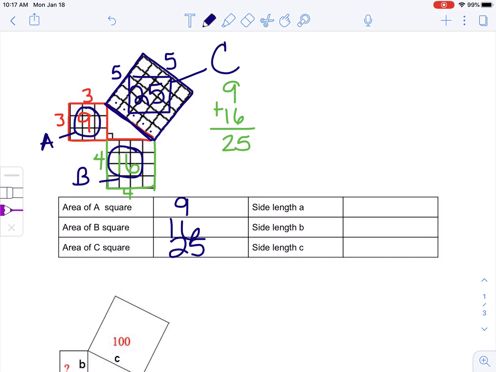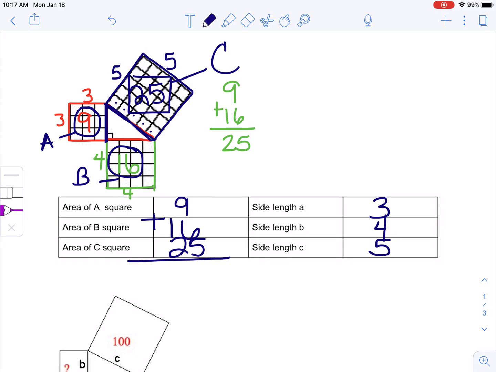Now to find the side length, you can take the square root of the area, or you can just count the side length. So the side length of A would be 3 units. The side length of B is 4 units. And the side length of side C is 5 units.